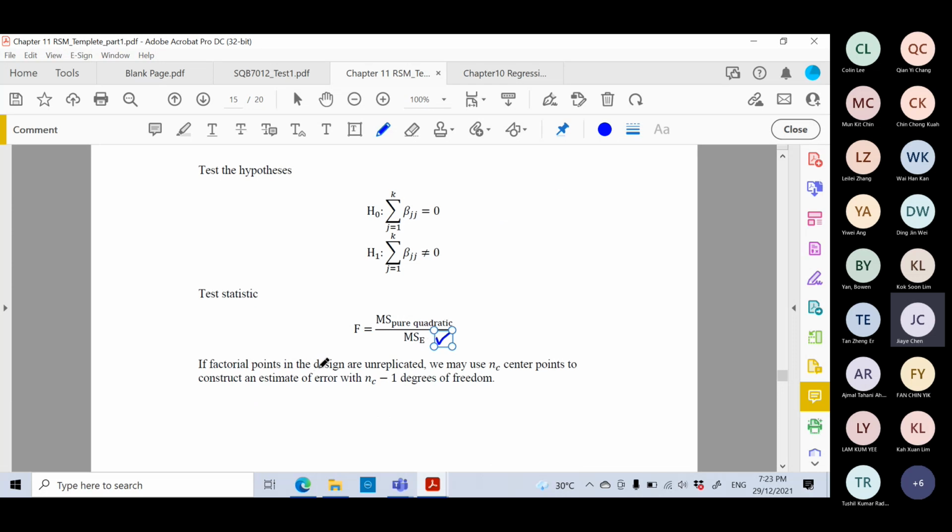If the factorial points are unreplicated, we may use the nC center points to construct an estimate of the error with nC minus 1 degrees of freedom.